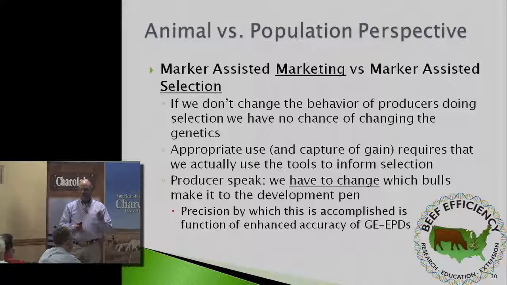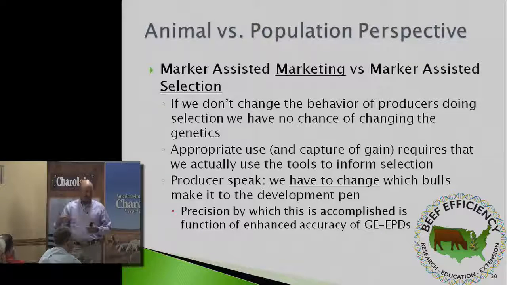If you only use the genomic tools to genotype maybe the front 5 or 10 bulls in your sale catalog, and try to market them to an AI company, you're doing marker-assisted marketing. Okay? You haven't done anything to inform your selection decisions or change the genotypes of the bulls that are going out into the commercial industry. To do that, you actually have to use the tool in selection, which means getting the animals genotyped.